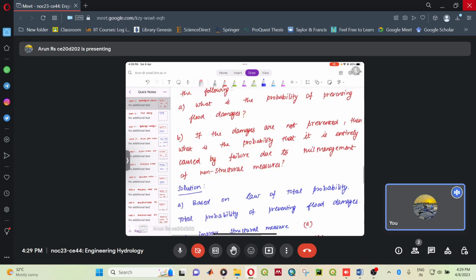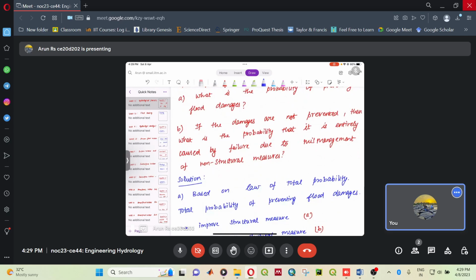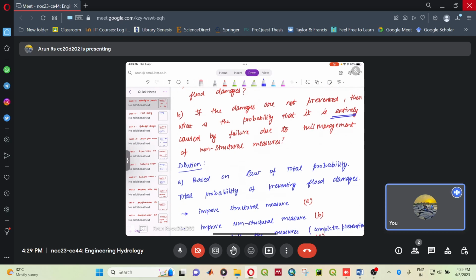And in the second part, damages are not prevented. What is the probability that it is entirely caused by the mismanagement of only the non-structural measures? So you should note this word entirely.